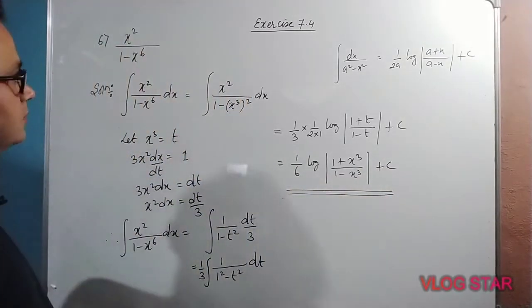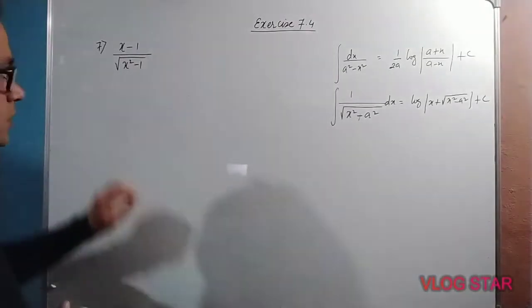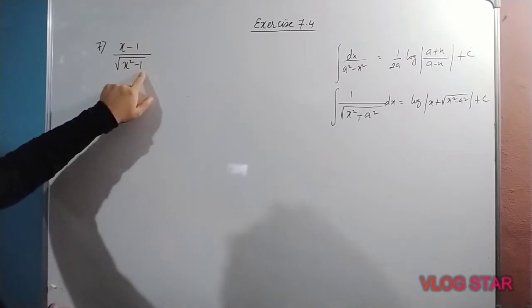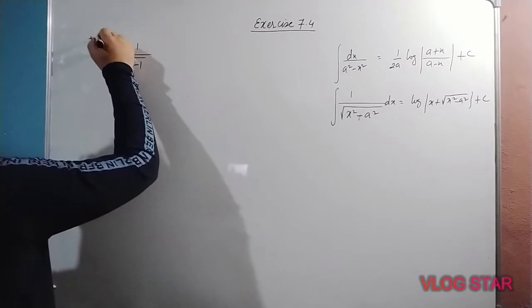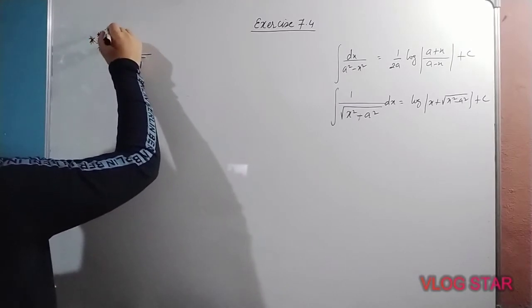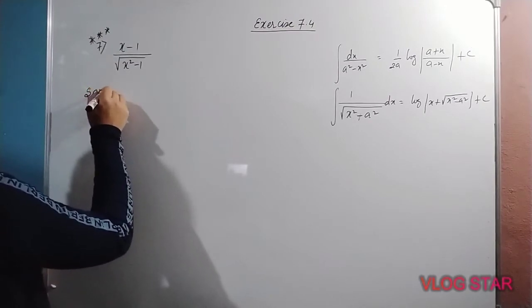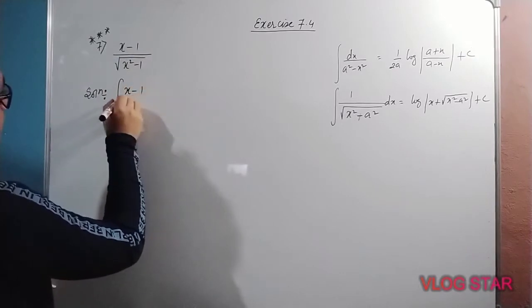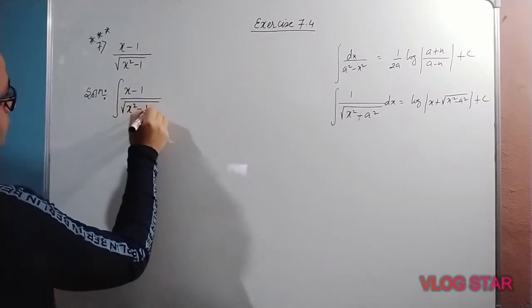Next, question number 7. Question number 7 is x minus 1 by root under x square minus 1. It is very important for the board exam. This question is very important. So in the solution, we will first write the integration of x minus 1 divided by root under x square minus 1 dx.